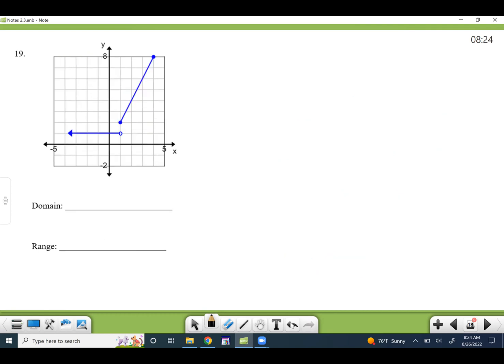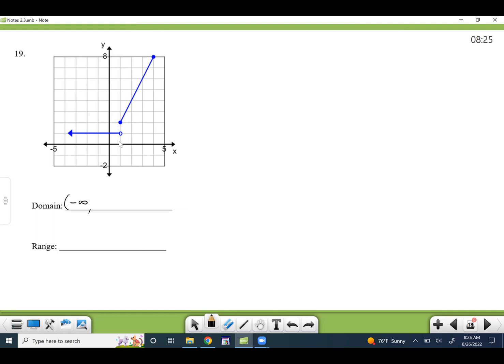All right, for our domain, it goes to the left forever. So negative infinity. Where they meet up, which is at 1, one of them is solid. Okay, so that's good. That means that there's no hole there. Now it doesn't go to the right forever though, you guys. The difference between this, which is an arrow, and this is that the one with the dot stops, right?